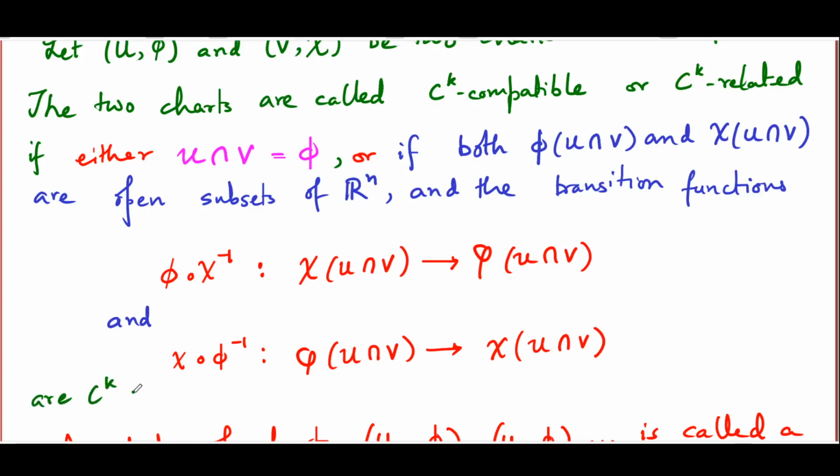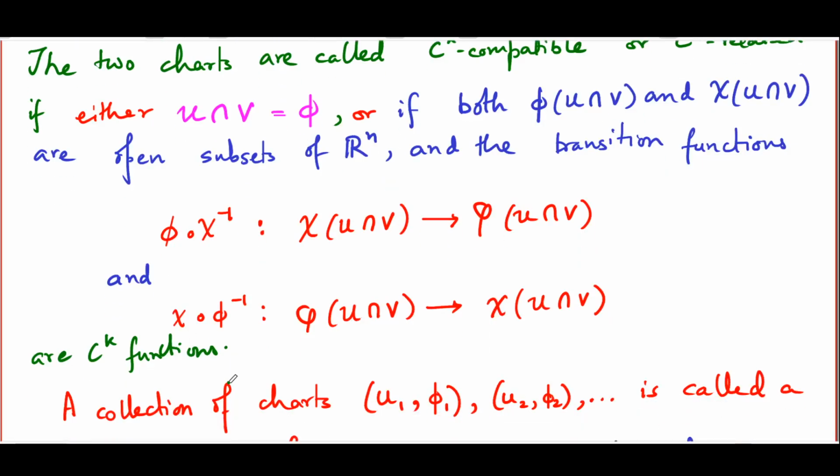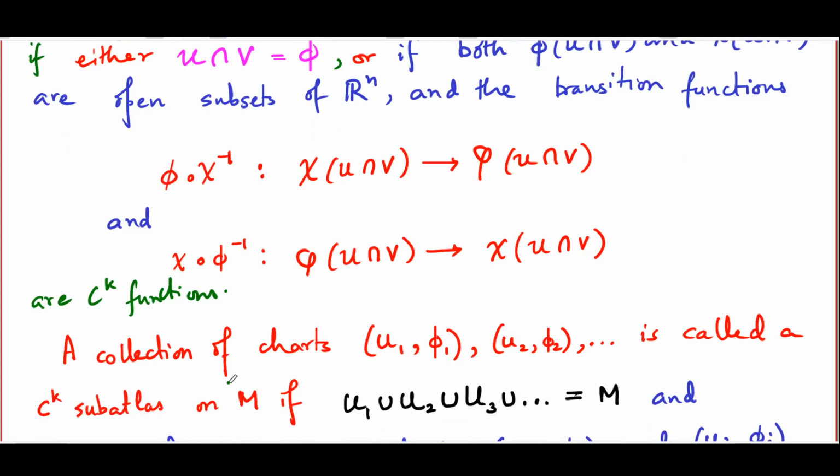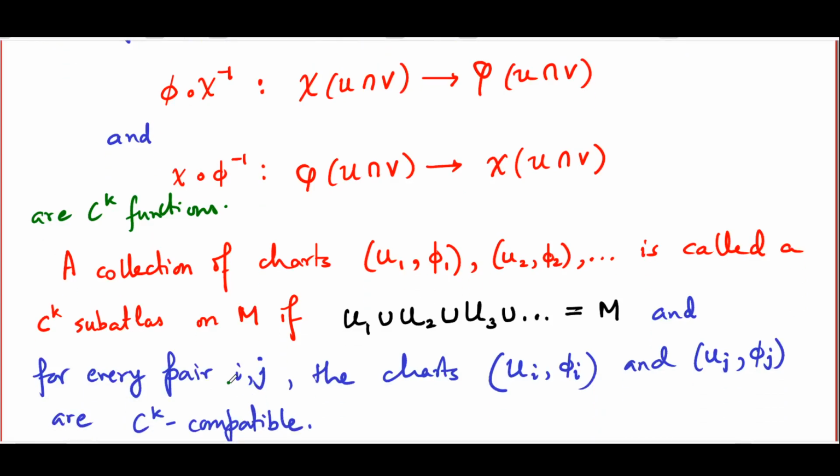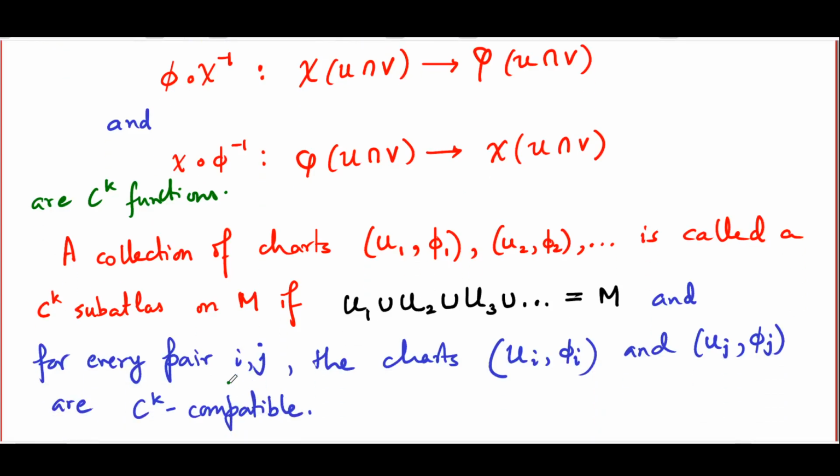Now, two charts may or may not cover the entire set M, but if you have a collection of charts (U1, phi1), (U2, phi2), etc., such that their domains cover all of M, and if each pair of charts here is C^k compatible, then we call the resulting structure a C^k sub-atlas.